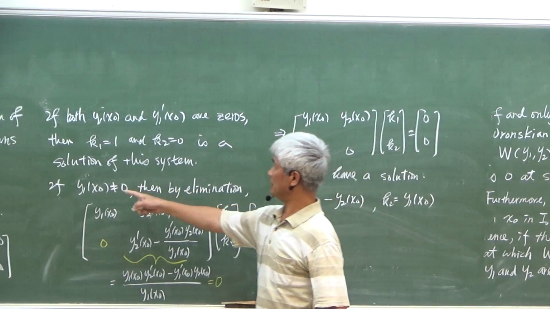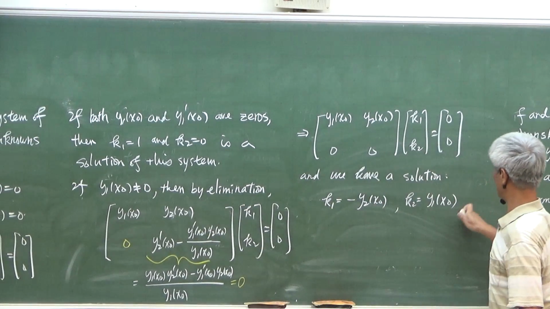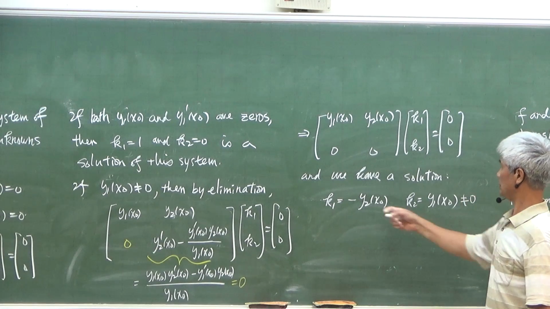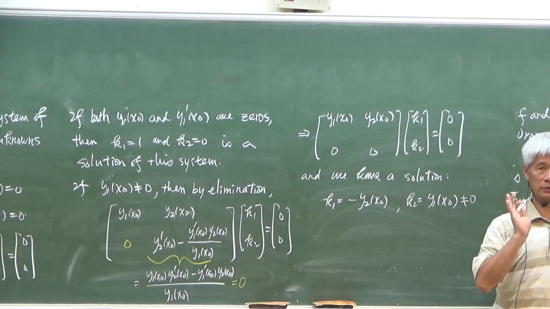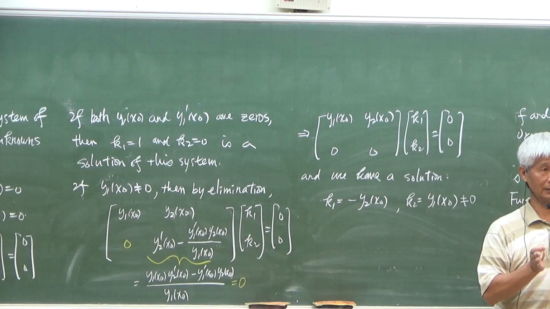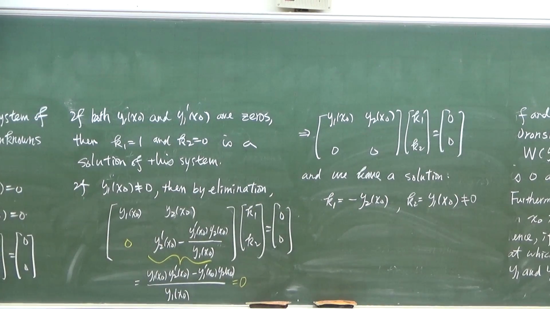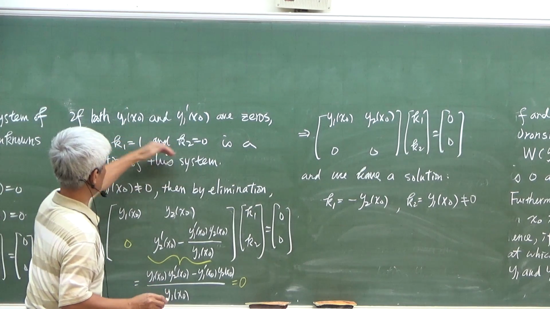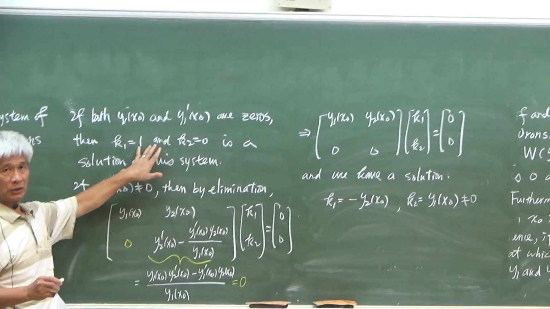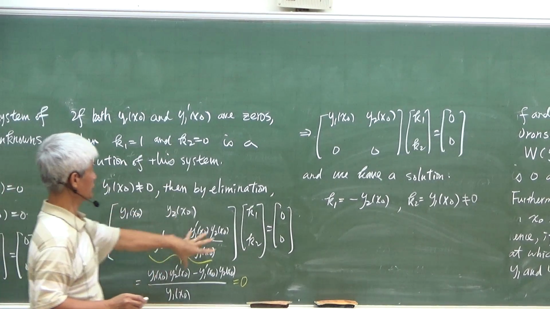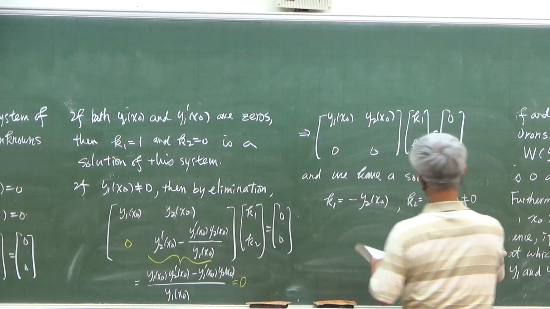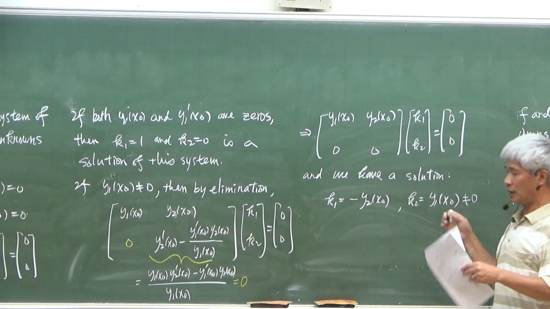And because y1 x0 is not 0, this is not equal to 0. So we know k1 and k2 are not both 0. Again, the point is that we want to find k1 and k2 which are not both 0. So for the first case, we find a solution k1 and k2 which are not both 0. For the second case, we find a solution k1 and k2 which are not both 0.